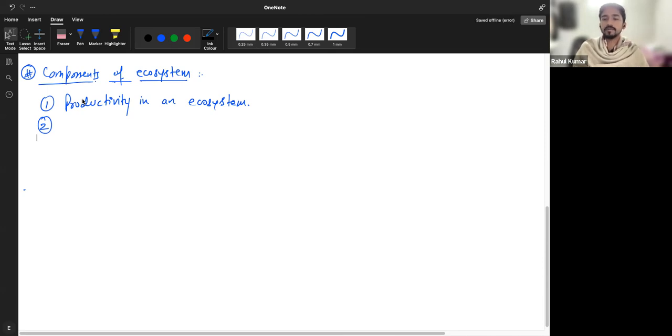If there is a production, the cost of the production is that there is a byproduct, the waste that has to be removed, or organisms will die. So when they die, they become waste, right? A dead organism also needs to be decomposed. Like waste needs to be decomposed and dead matter also needs to be decomposed back. So decomposition in an ecosystem.